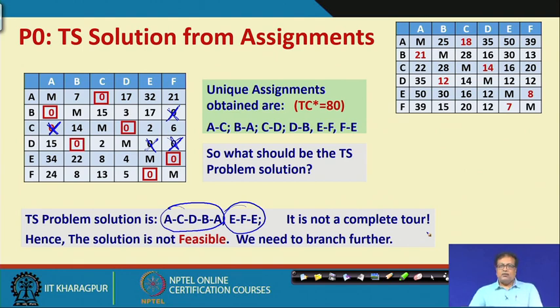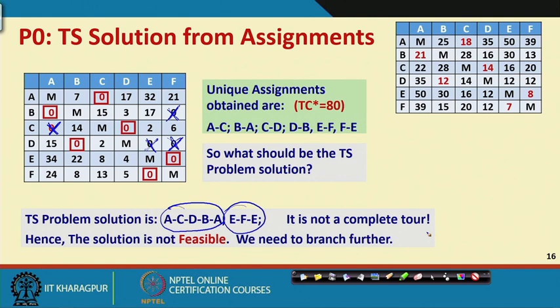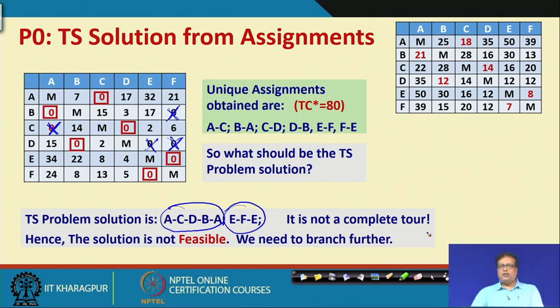So, how do you branch? Now, this time you should tell which is the smallest subtour. Just look at it carefully, it should be E to F and F to E, that is the smallest subtour. So, we should therefore, in one branch block E to F and in another branch we block F to E, right.